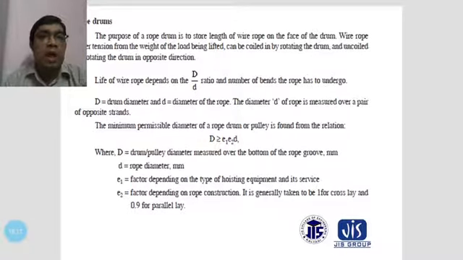The life of wire rope depends on the ratio D by d and the number of bends the rope has to undergo. D is the drum diameter and d is the diameter of the rope, measured over a pair of opposite strands.